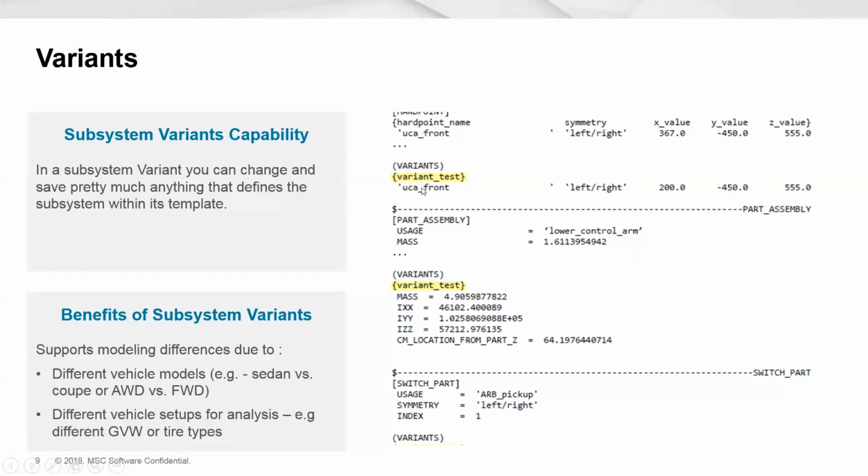So in this example, this subsystem variant called variant test differs from the default only in that this one hard point is different. And in this case, below, you can see this part, which is the lower control arm, differs from the default assembly in its mass and moment of inertia properties.